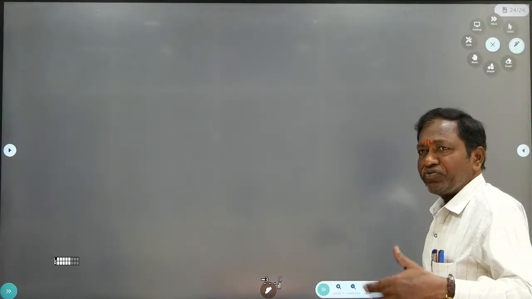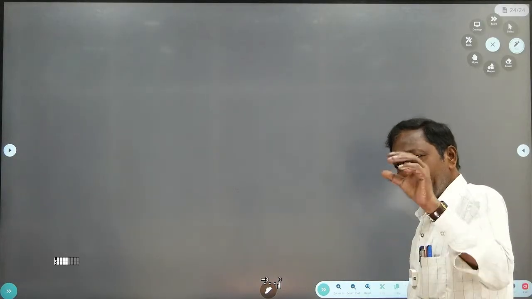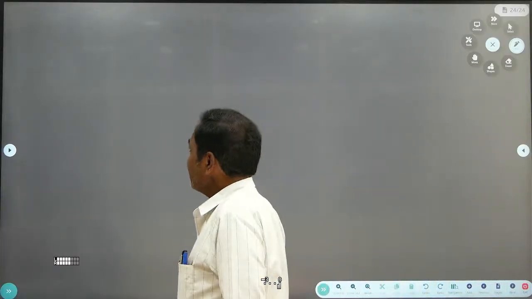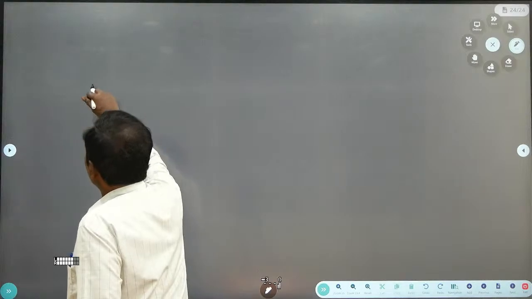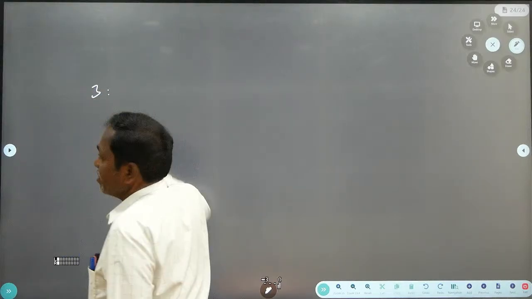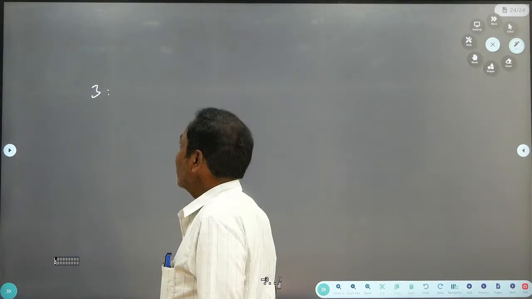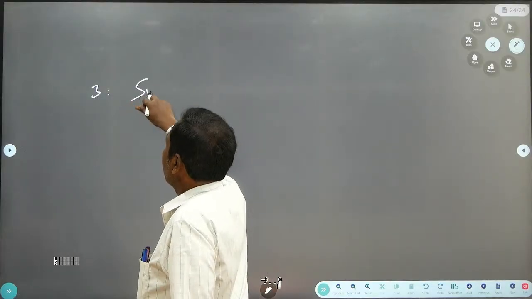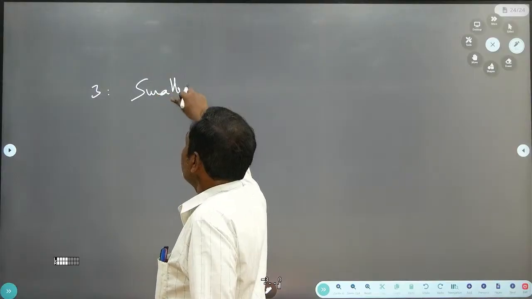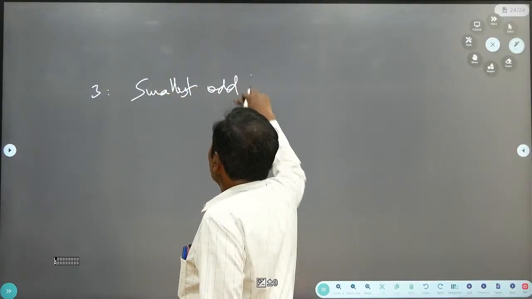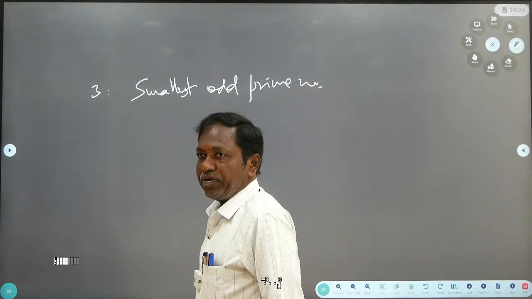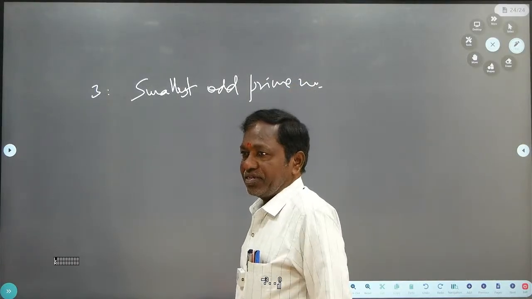We don't need it so much, but I put it also for our practice sake. What is the uniqueness of 3? Smallest odd prime number.